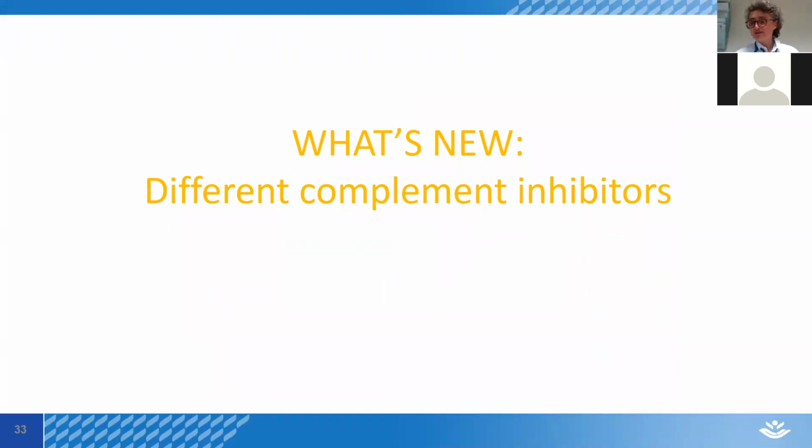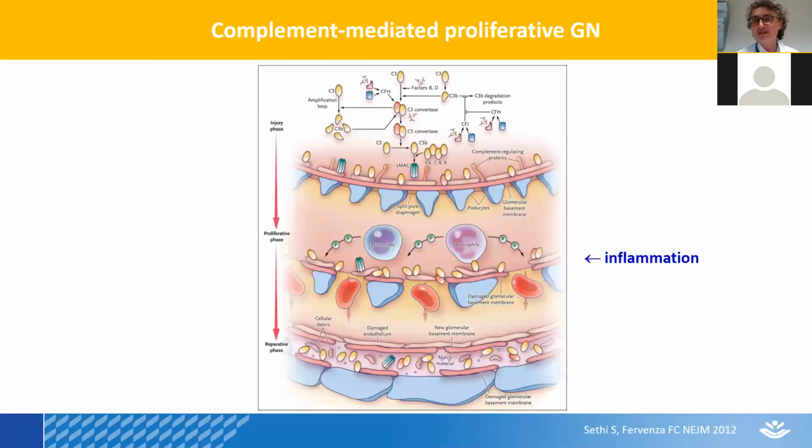So I then wanted to talk to you about what's new and to broach the subject of what we as physicians that have been caring for these patients for years find most exciting, which is the presence of different complement inhibitors, because obviously, that's what we want to be doing.